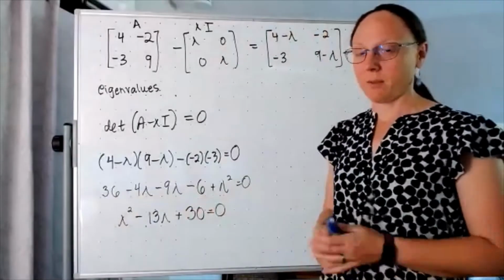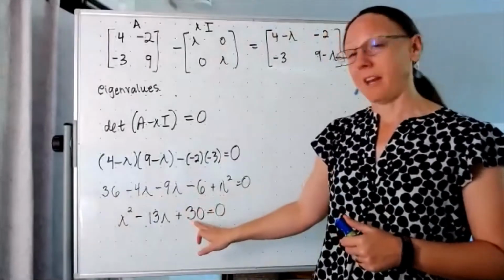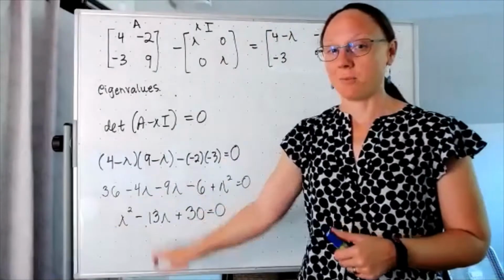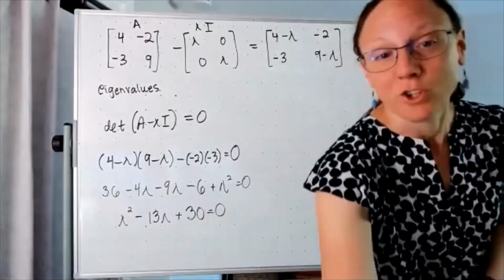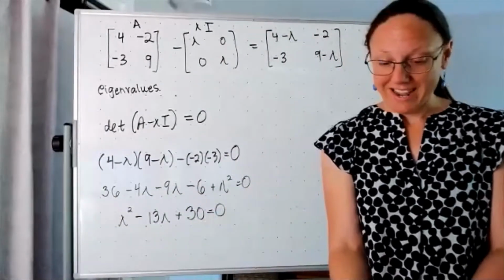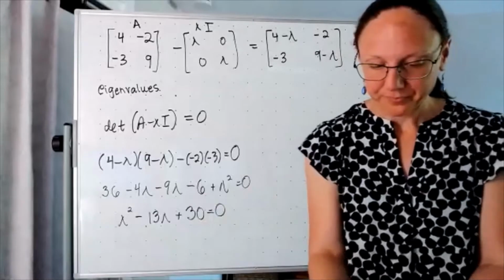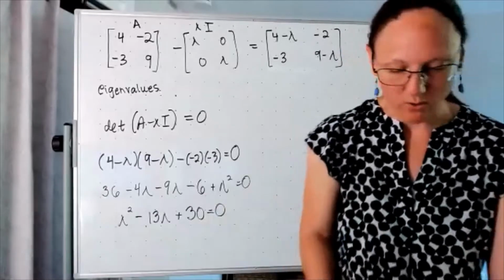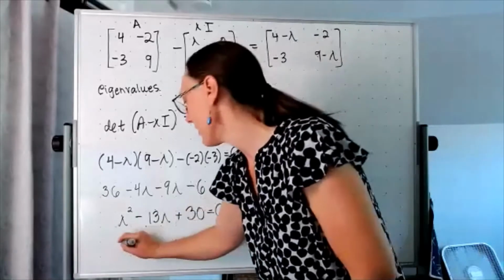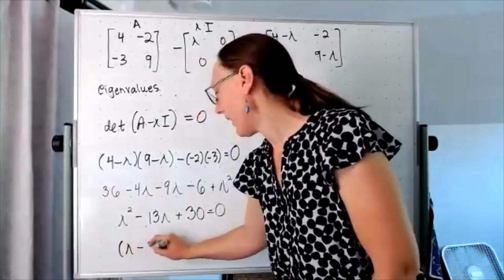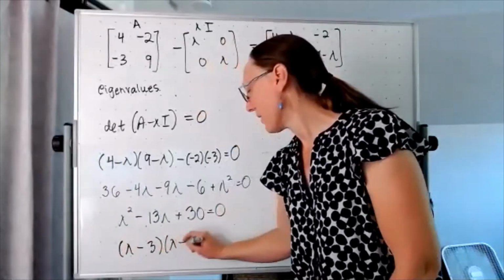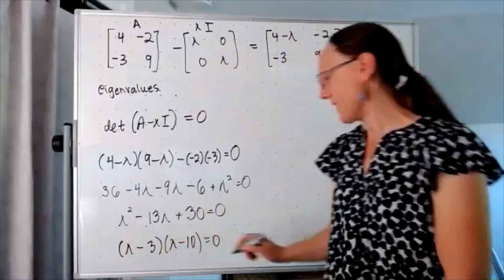So to factor this, I'm looking for two numbers that multiply to be 30, that add or subtract to give me -13. So I'm looking at a 3 and a 10. So when I write out those factors, I've got lambda -3 times lambda -10.